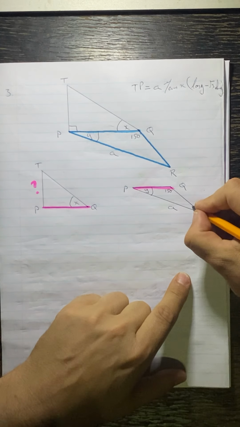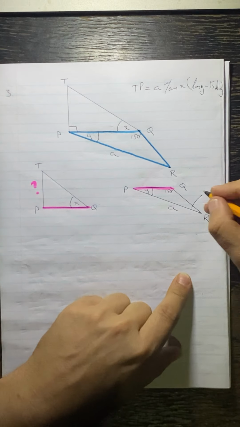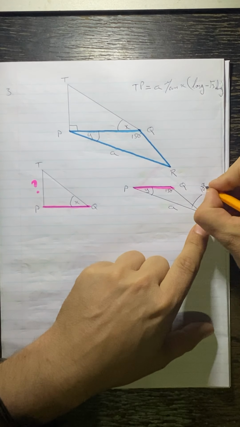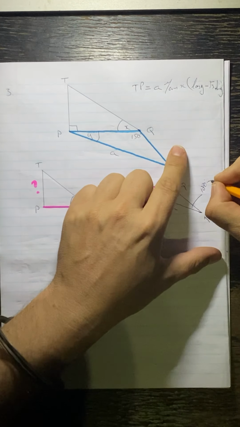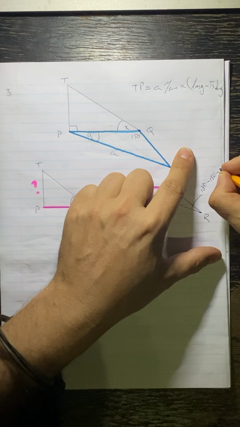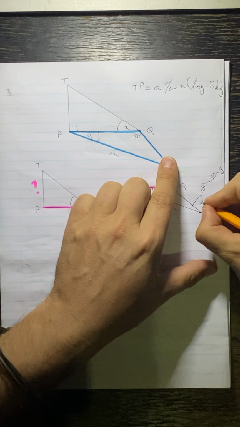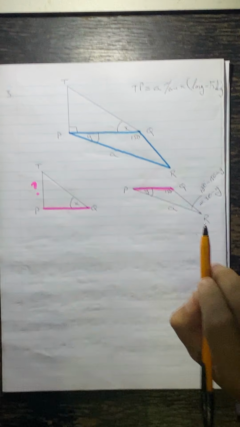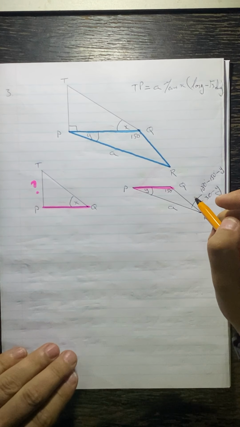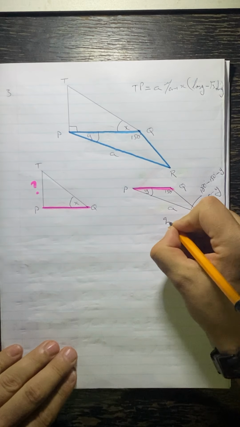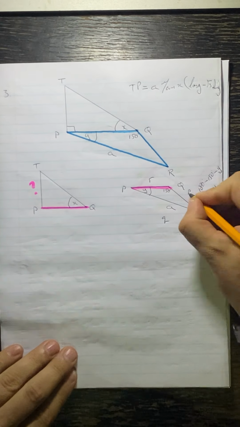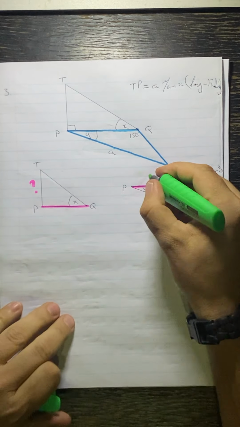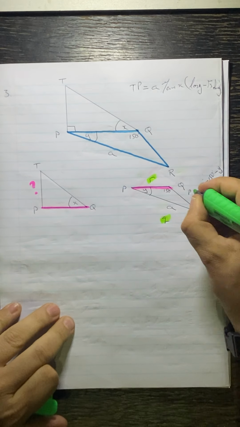So this angle here would be equal to 180 minus 150 minus y. So that's going to give us 30 minus y, because angles in a triangle, okay? Right, so this is little q, little r, little p. And we're going to be using the sine rule.